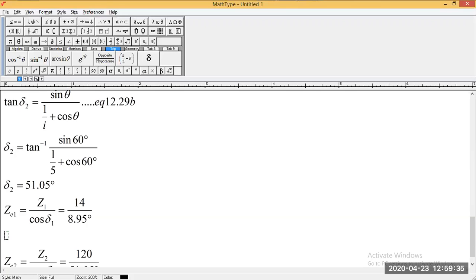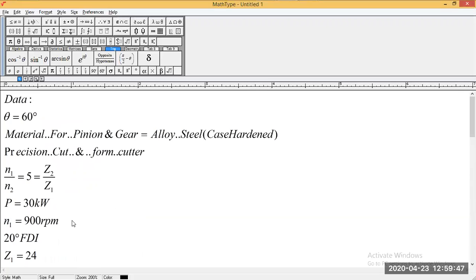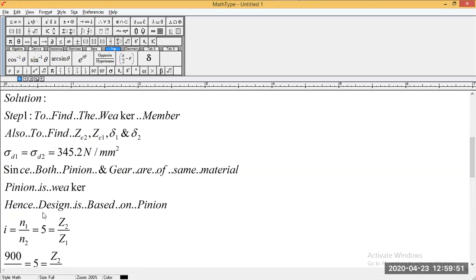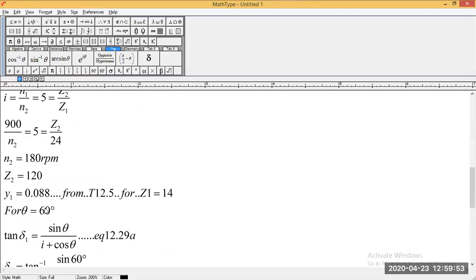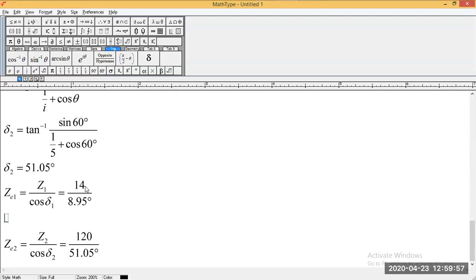Okay, so I'm getting ZE1. Hey, ZE1 is 24. Oh, 24 only. Okay, this is 24, not 40.